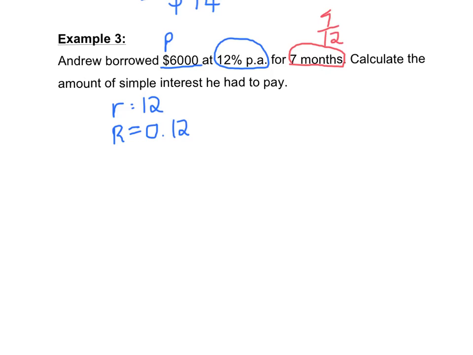Now we have summarized the information that's given to us and we check what we have to answer. Calculate the amount of simple interest. I write down the formula.